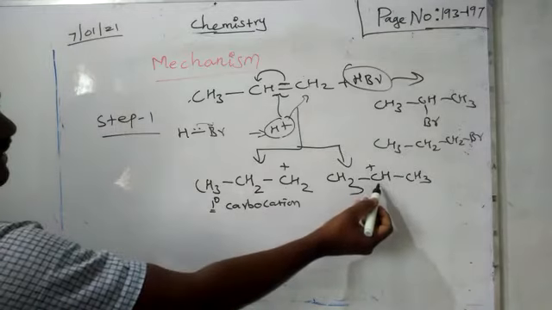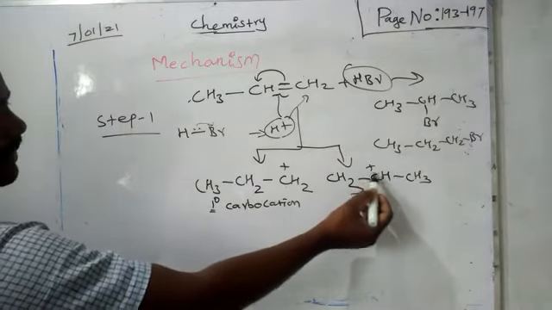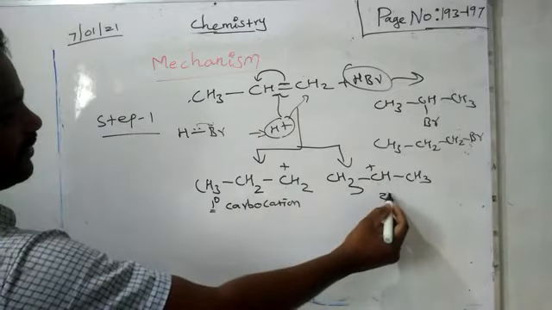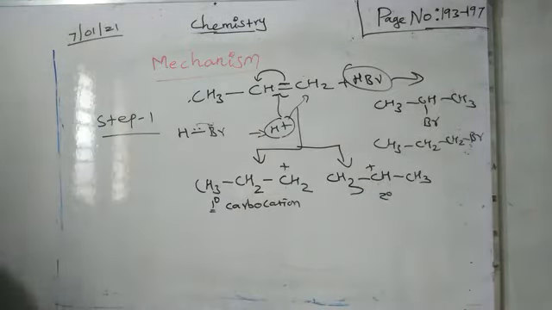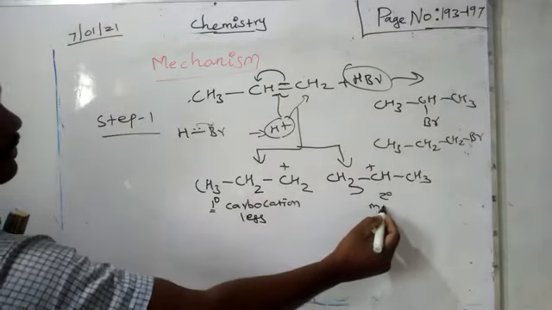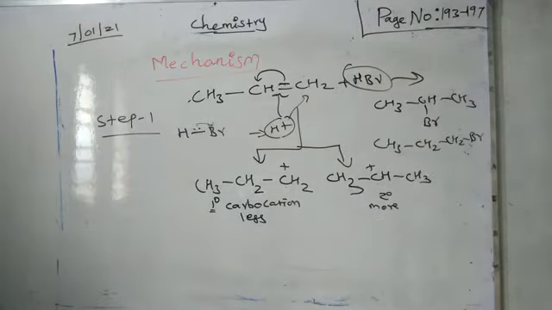But in the next compound, the carbon bearing the plus has only one hydrogen, so we call it a secondary carbocation. Compare the stability: the secondary carbocation is more stable, the primary carbocation is less stable. So this compound is less stable, this compound is more stable.